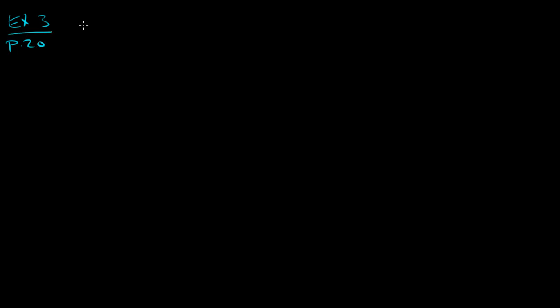Okay, and it says, show that A, 0.45, and B, which is 0.135, are rational numbers.